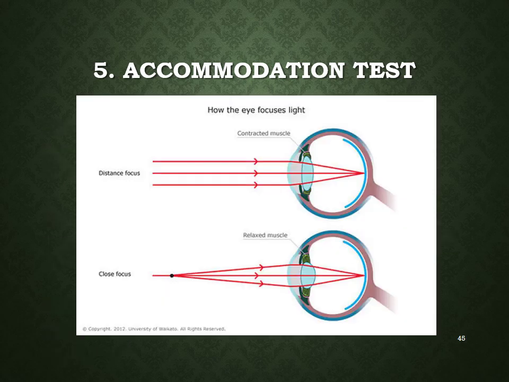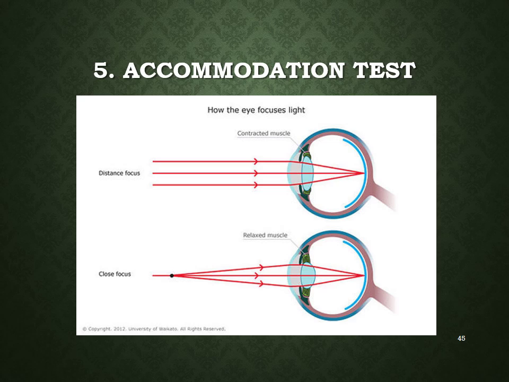This is what happens to the structure of the eye when the focal length is changed: if the eye is looking at a distant focus, then the ciliary muscle will be relaxed, and if the eye is looking at a close focus, then the ciliary muscle will be contracted.